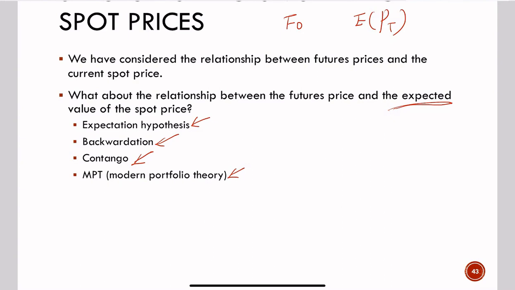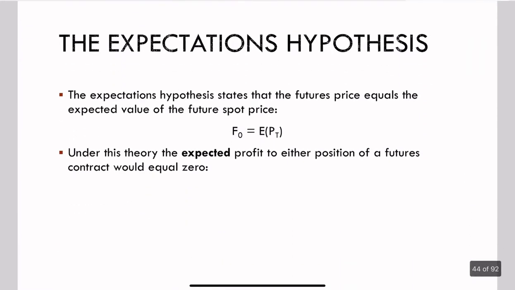In reality, when you actually trade futures, at least from the industry's perspective, these things are pretty important. Okay, so first, the expectations hypothesis. This is a very simple hypothesis. It basically means that the futures price equals the expected value of the future spot price.